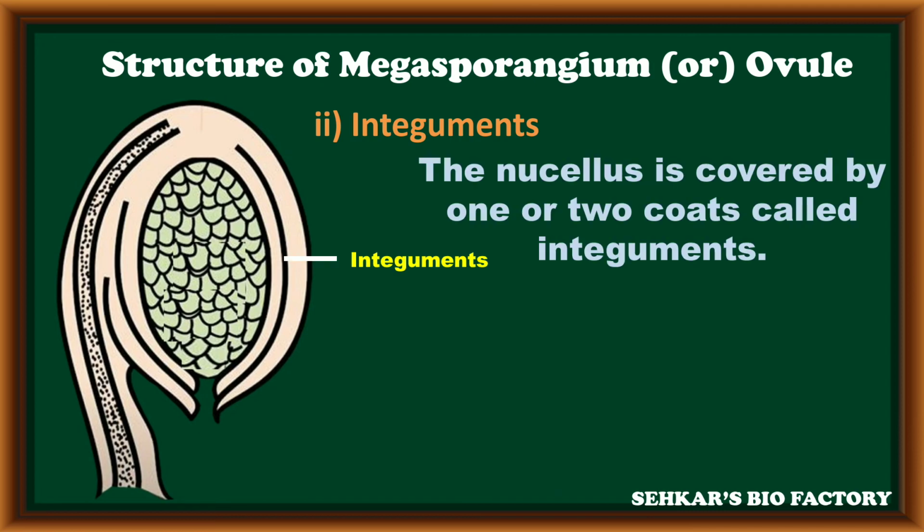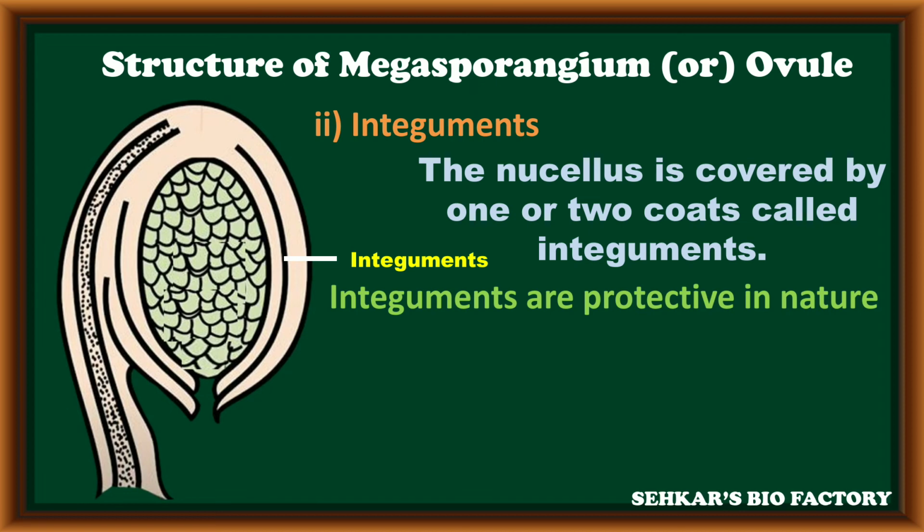The integuments are the protective layers present around this nucellus tissue. The number of integuments may be one or two. The integument layers protect the nucellus tissue at the initial stage.